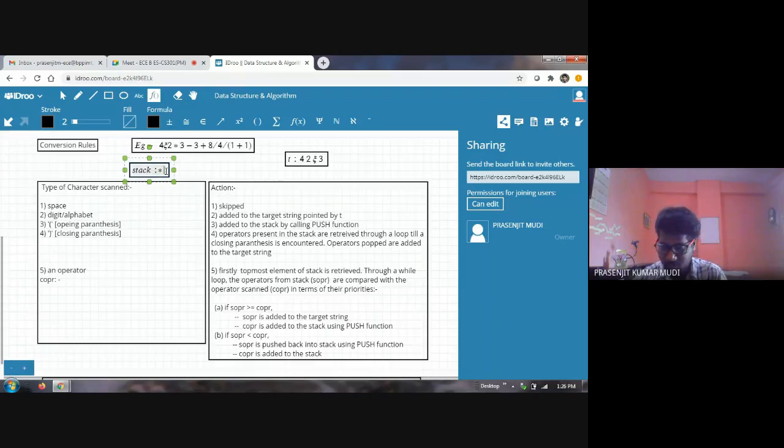Star and minus will be compared. Star has higher priority, so condition 5A is satisfied: SOPR is greater than or equal to COPR. So SOPR will simply be added to the target string.